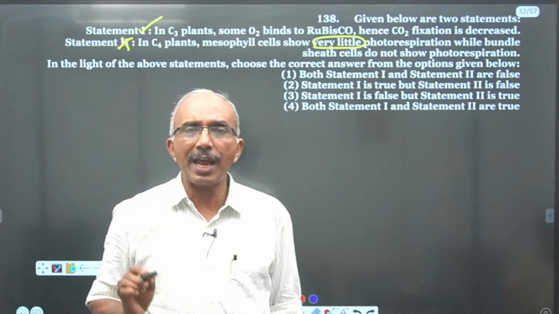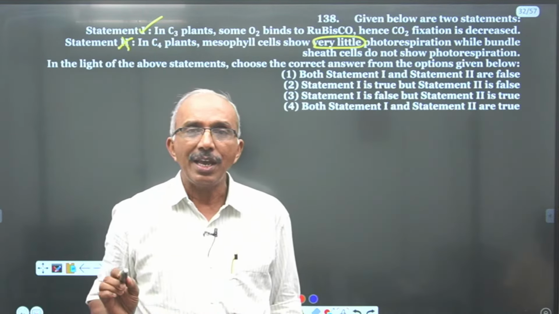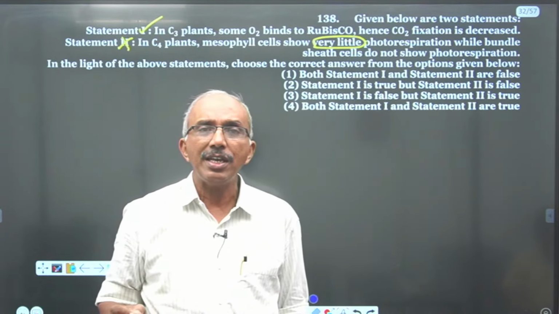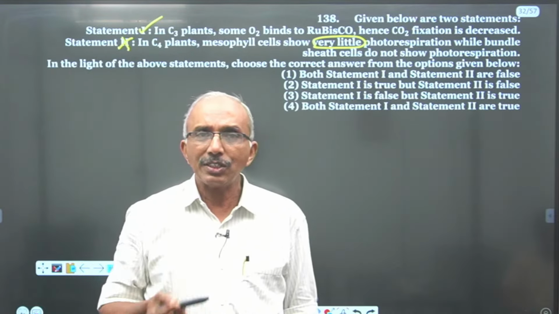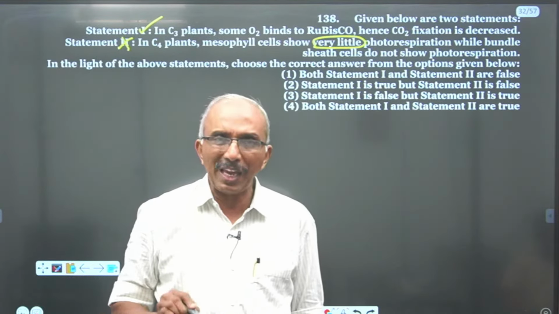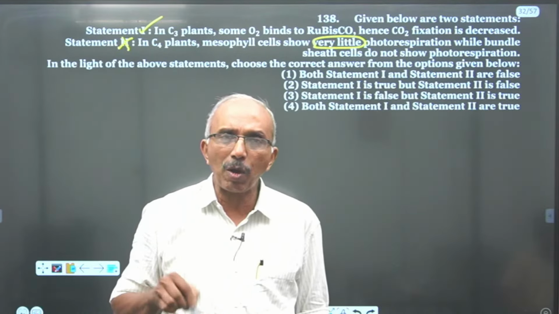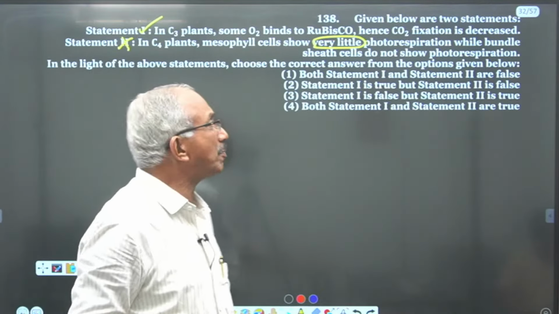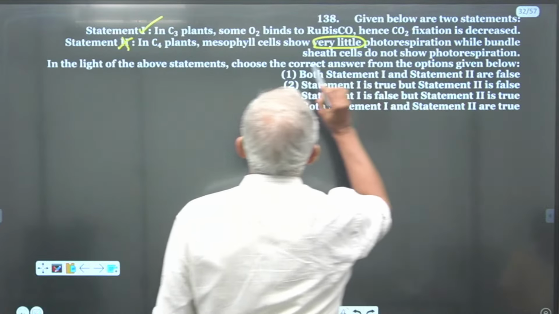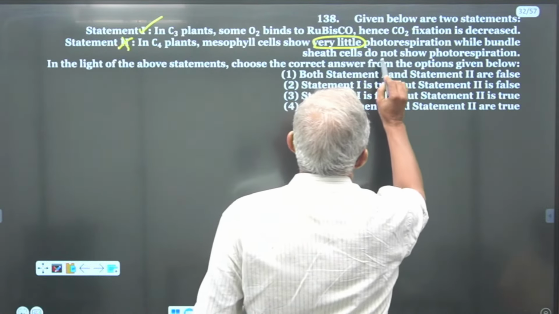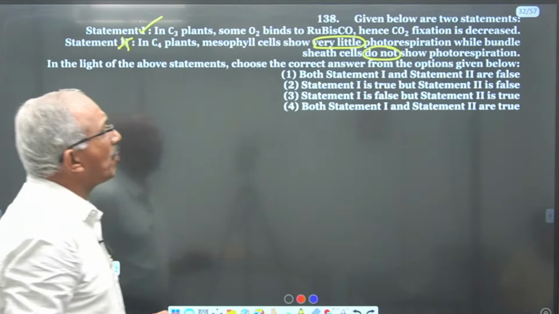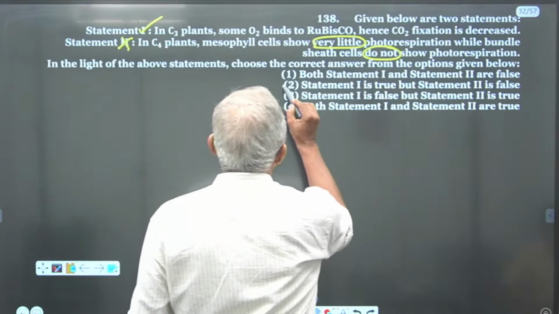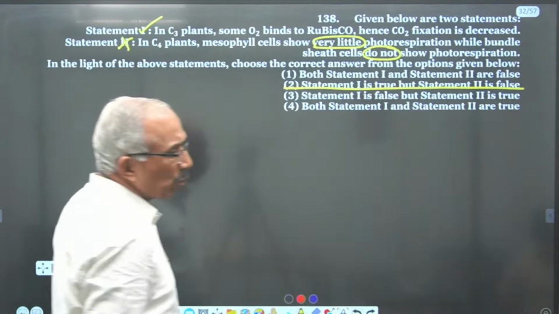PEP carboxylase can act only as carboxylase, cannot act as oxygenase. An enzyme which can act as oxygenase can do photorespiration. Since mesophyll cells contain PEP carboxylase as the carboxylating enzyme, they could not show photorespiration. While bundle sheath cells may show little photorespiration. So answer is option 2. Statement 1 is true, statement 2 is false.